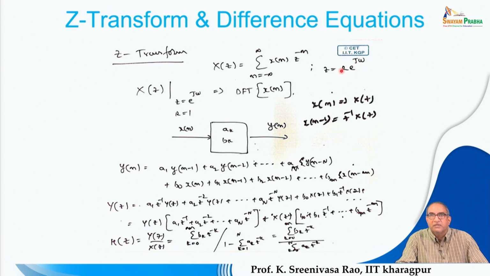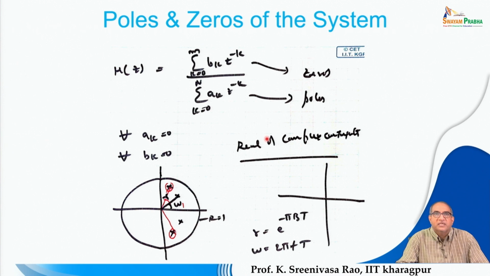That means first we connect the point to the origin, and then that particular radial line, the angle it makes with the horizontal line, the real axis, indicates the omega, that is the angle of orientation of a given point in the Z plane. The point will be represented by r e^{jω}.